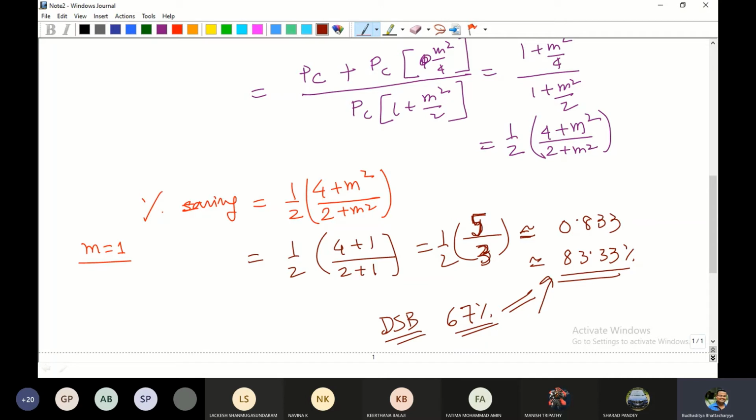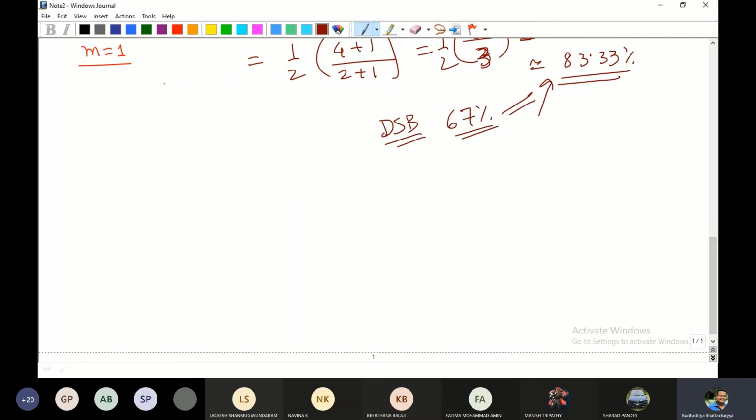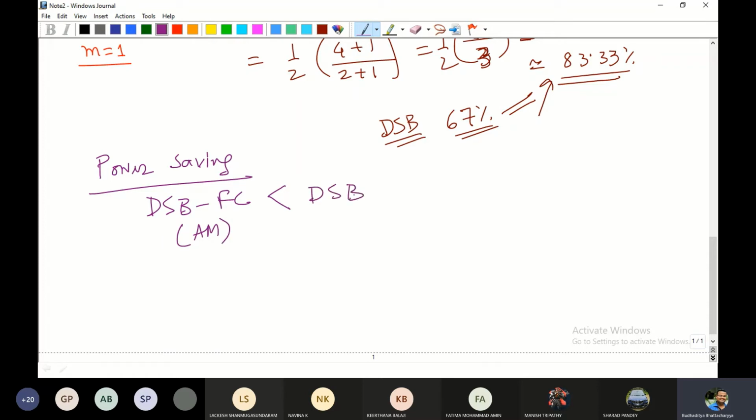Now we have also proved that for SSB signal the efficiency is definitely increased. So if I consider the chronological order of power saving, DSB FC, I'm talking about the general AM signal, that is full carrier, is less compared to DSB SC, and this is also less than SSB.